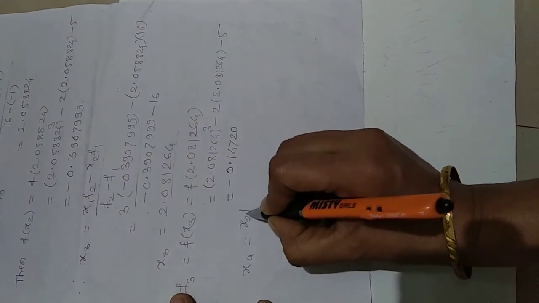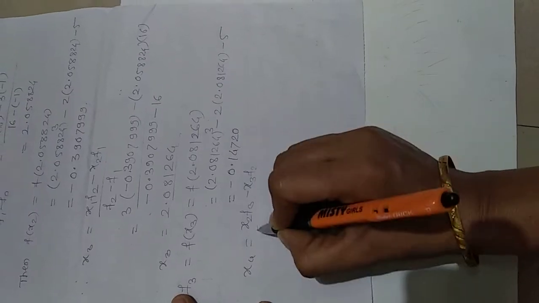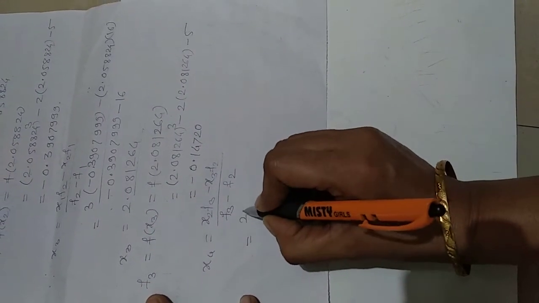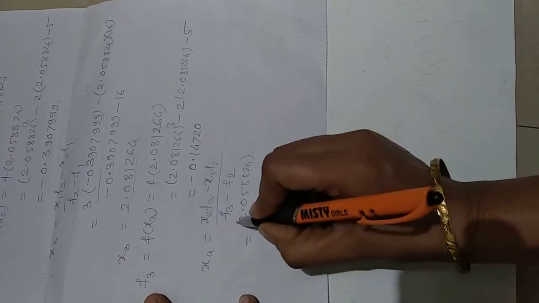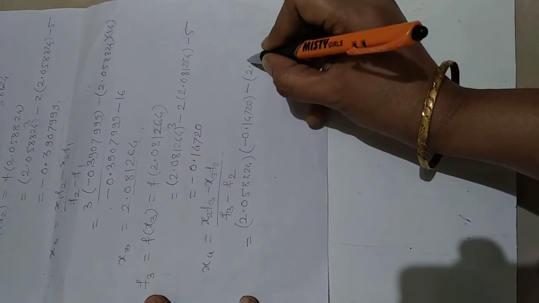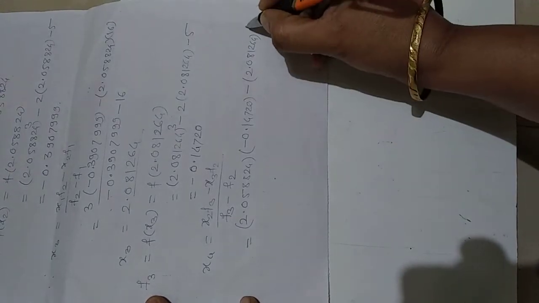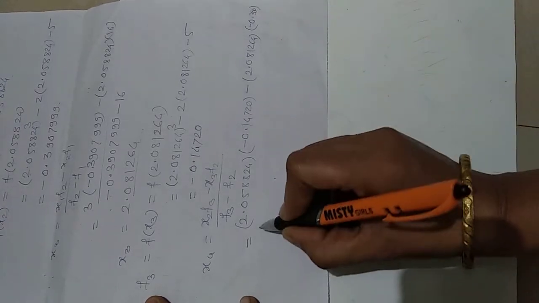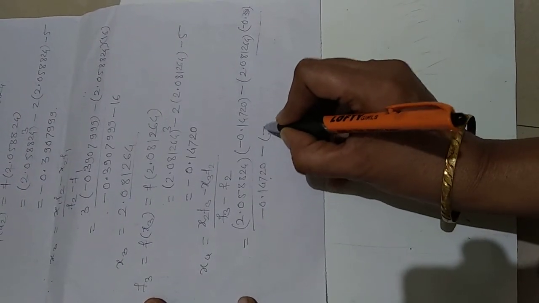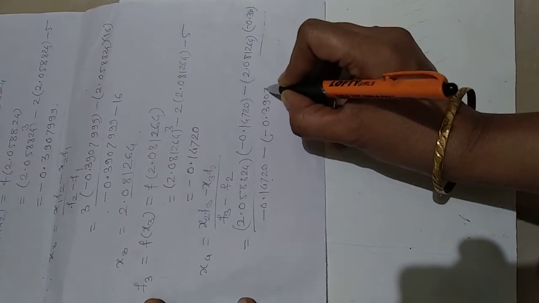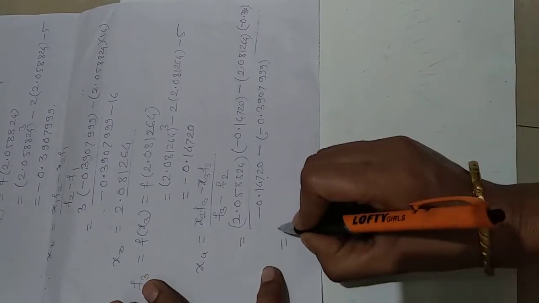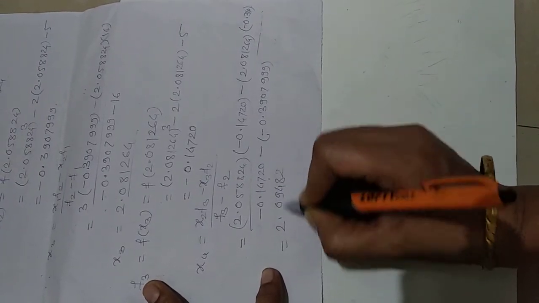Then find x4. x4 is equal to x2 into f3 minus x3 into f2 upon f3 minus f2, and that is equal to 2.058824 into minus 0.14720 minus 2.08124 into minus 0.390799 upon minus 0.14720 minus of minus 0.390799, and that is equal to 2.09482.